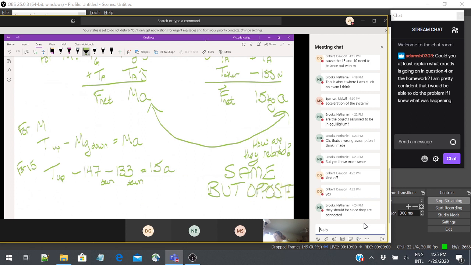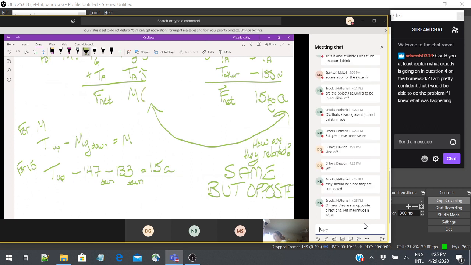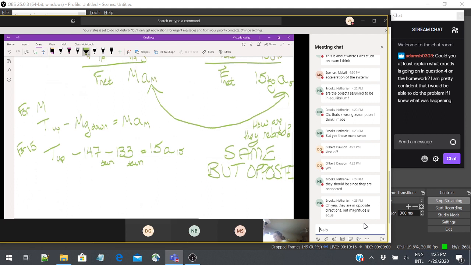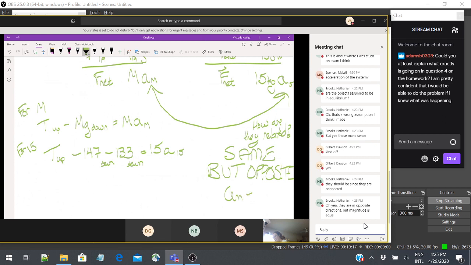So what I'm going to do is I'm going to take this one and say, so this is A15, this is A15, this is AM, this is AM, right? But I know that AM is just negative A15.